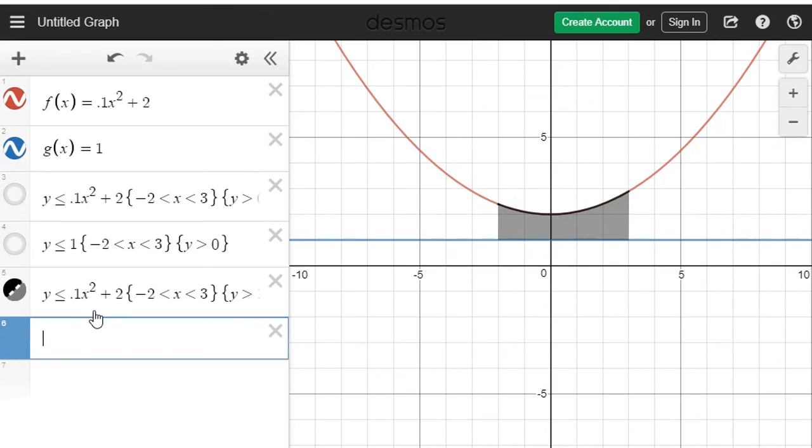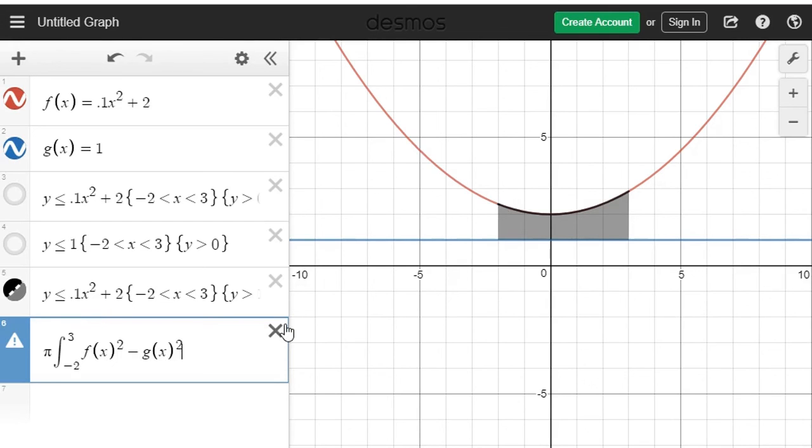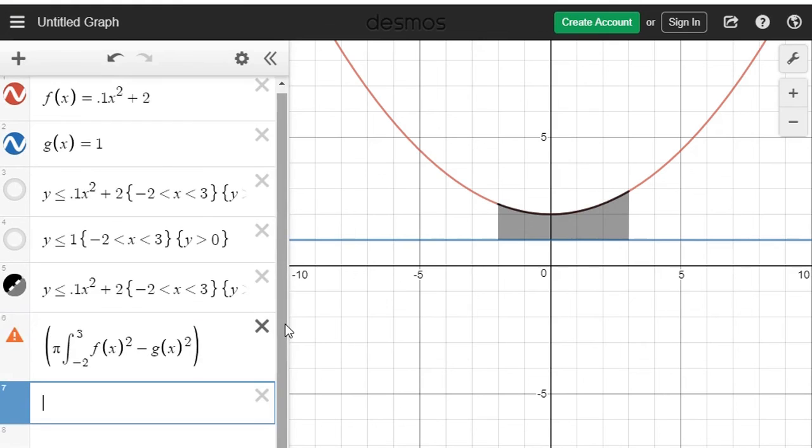And so if I want to find the integral, I would do the integral from -2 to 3 of my big radius is going to be f of x, because it's going from f of x down to 0. And then my small radius is g of x.